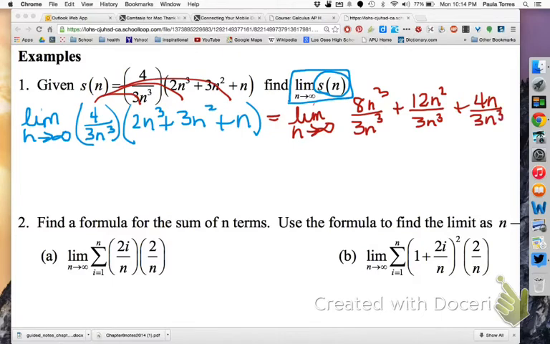And then, based on the rules for limits, of course, I can split them. So we'll come down here in the second line, and I'm going to split limits for everybody.